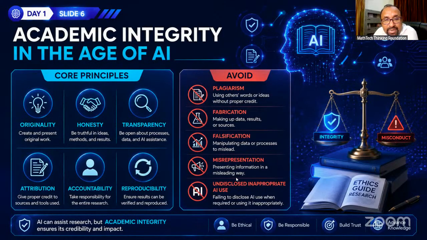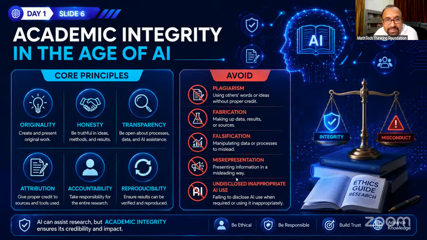Okay, so then we have falsification, which involves manipulating research material, data, process, or results in a misleading way. AI must never be used as a mechanism for fabricating or manipulating scientific evidence.